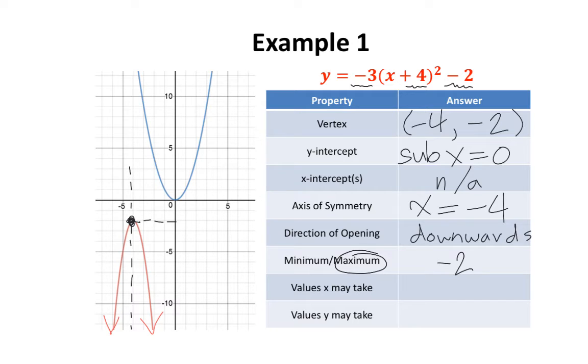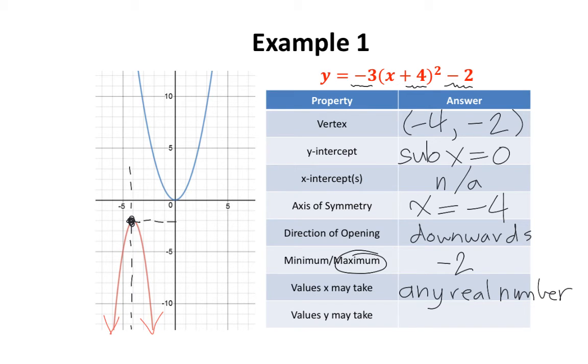So the values of x could be any real number. Which means if you take any value of x, you will get a value of y for this parabola. Later on in grade 11, you'll learn that this property is actually called the domain.